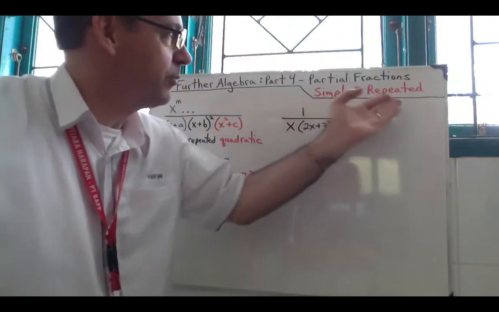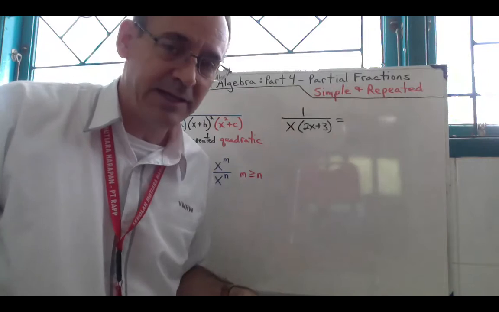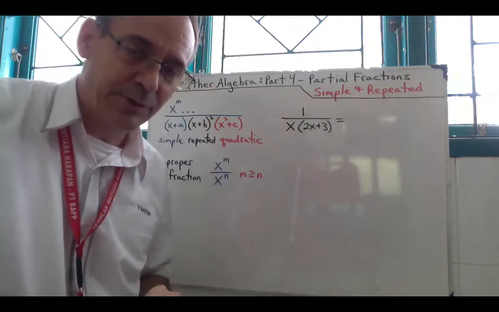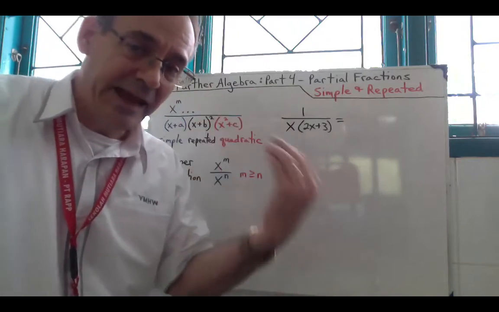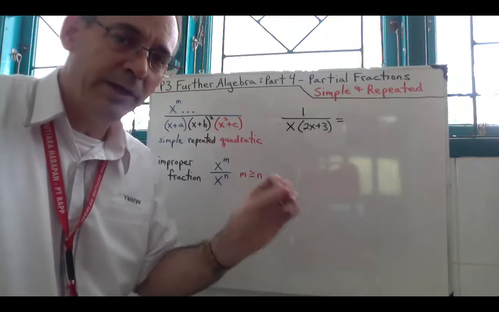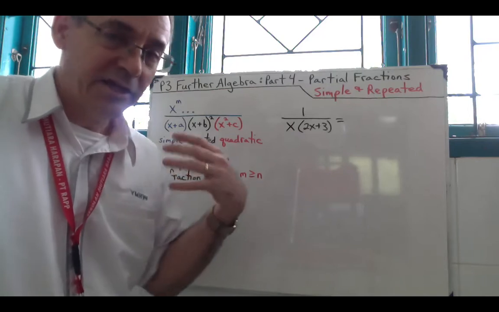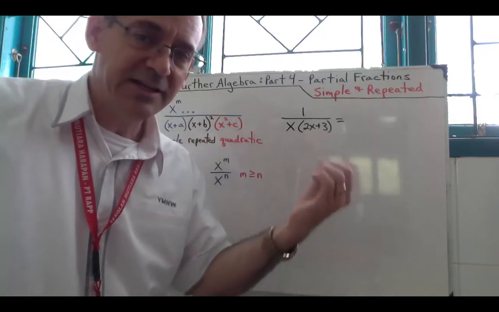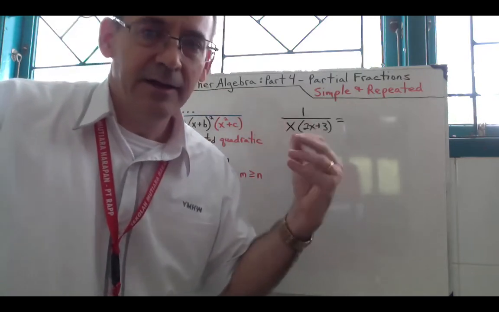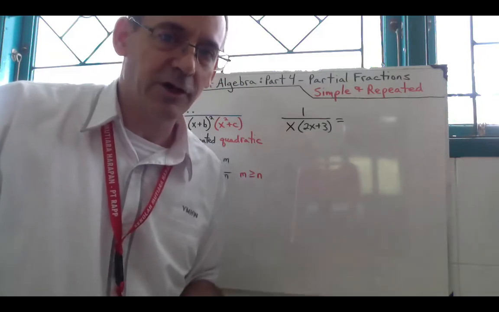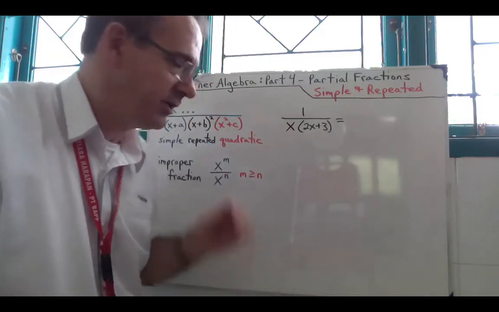So you already know, because we're doing simple and repeated, that you're not going to have an improper fraction. You need to get in the habit of asking it. The moment you don't ask that question, you get an improper fraction, and you're going to end up with wrong results, which we'll discuss in the next video.